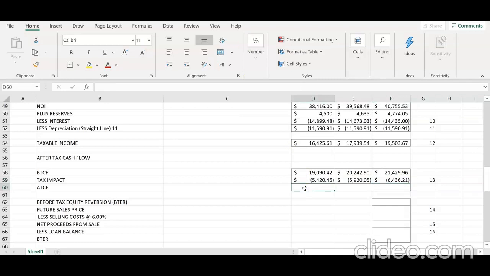After tax cash flow would be this amount right here, adding up this amount.